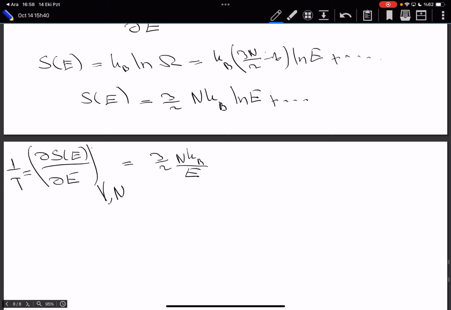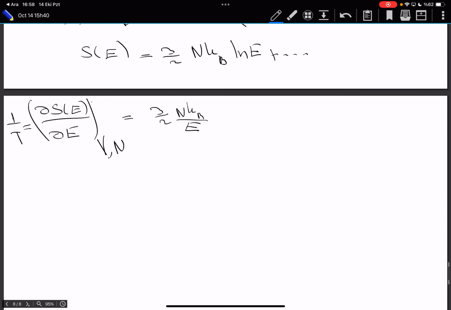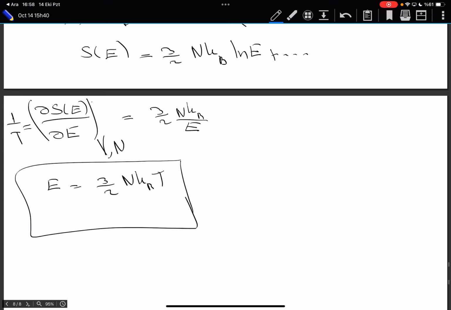The terms that I didn't write gave 0. So the energy of the ideal gas is 3 over 2 n kB times T. This was also an expression that we used in our first week when we were studying the ideal gas.